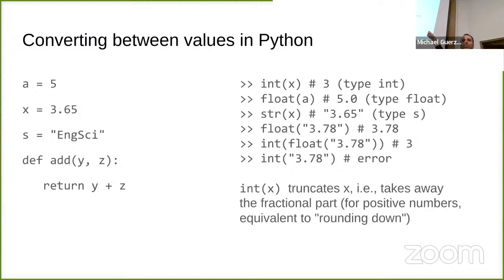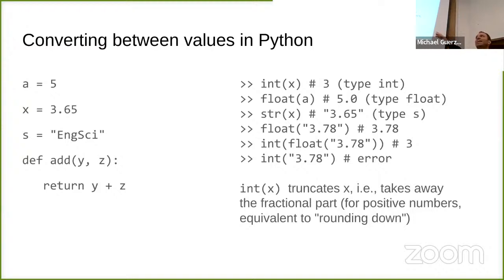Some things do not convert. So you cannot, for example, say int of the string 3.78, because 3.78 is not an integer. Sometimes Python says, okay, x is a float, it's not exactly an integer, it has a fractional part, but the rule is I'm truncating, and that's the converted value of the integer.